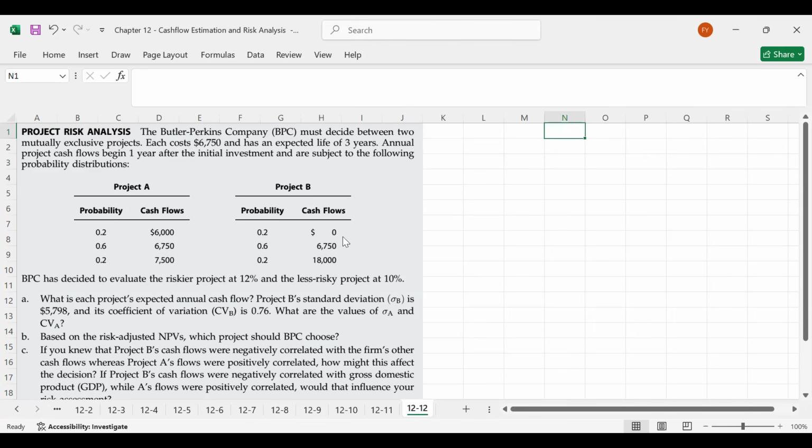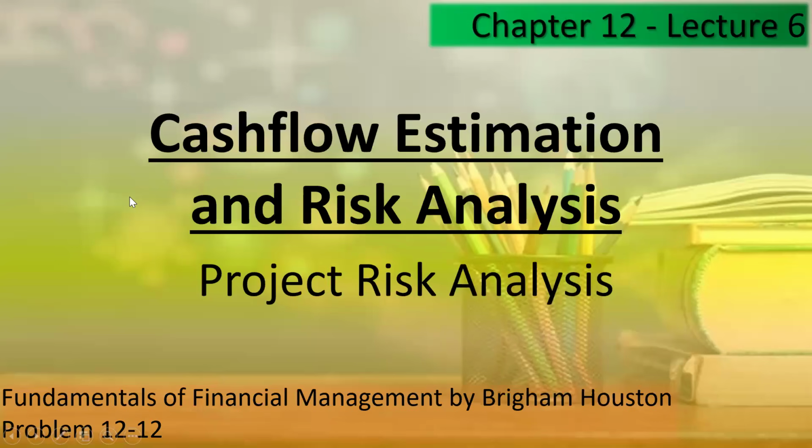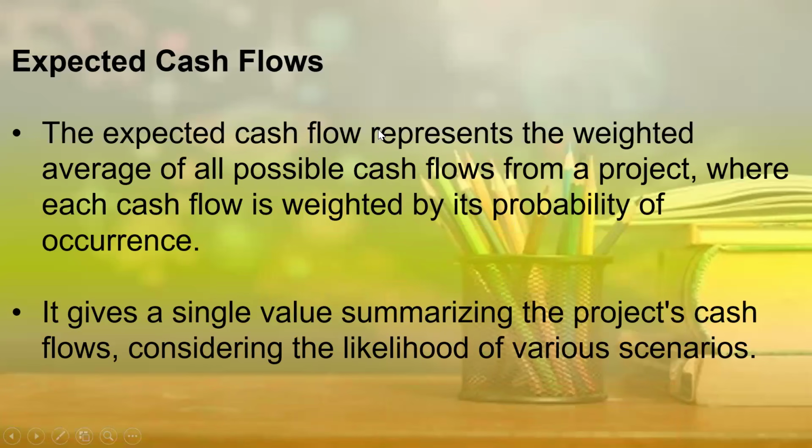For this, we should know what expected cash flows are. Expected cash flows represent the weighted average of all possible cash flows from a project, where each cash flow is weighted by its probability of occurrence, or chances of occurrence.